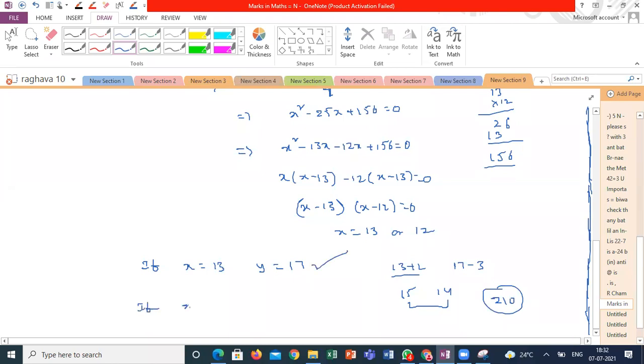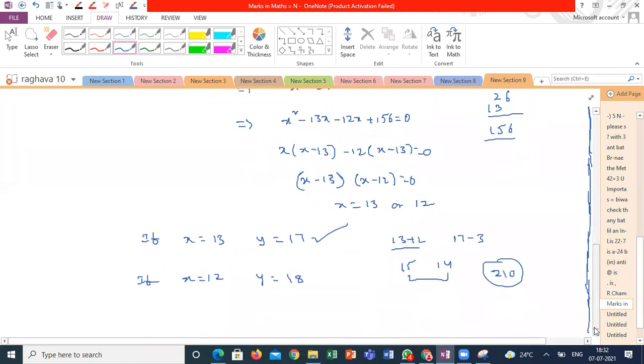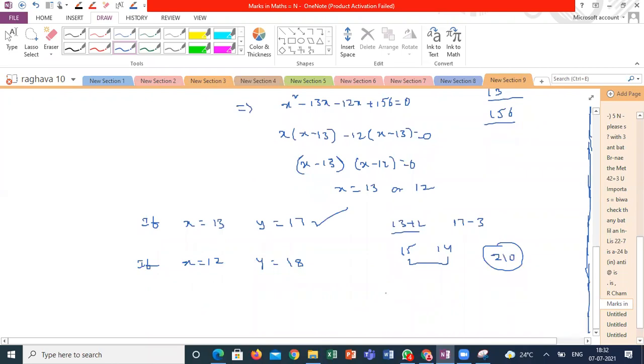If x is equal to 12, then y is equal to 18. So the sum is 30. If x is increased by 2 and y is decreased by 3, this will become 14, and 18 minus 3 is 15. Here also your product is 210.